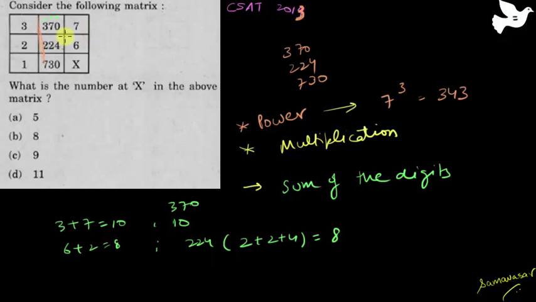So both these do seem to satisfy this relationship, that this plus this is equal to the sum of digits of this number. So let me see if my answer choice fits in here. Let me sum the digits of this middle number, that is 7 plus 3 plus 0, which is equal to 10. Now this is 1, so this has to be 9 to satisfy my relationship. So if I put 9 here, 9 plus 1 will be 10, and 7 plus 3 is also 10.